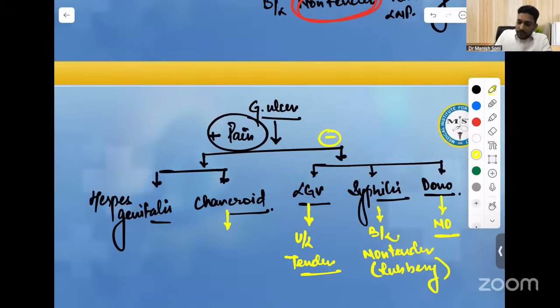While in chancroid, the edges are undermined, and here also unilateral tender lymphadenopathy is seen.